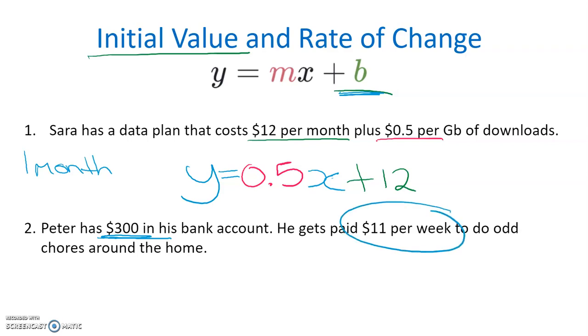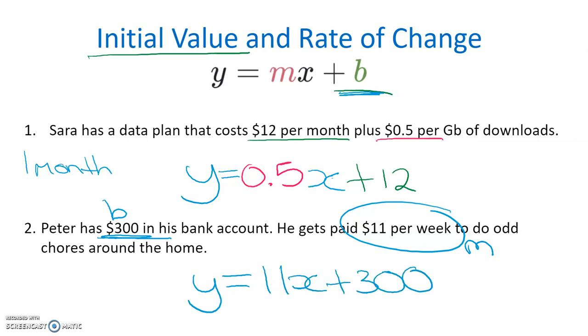So this is our rate of change or our slope, and this is our y-intercept or our initial value. So if we plug them into the equation, we get y equals 11x plus 300.